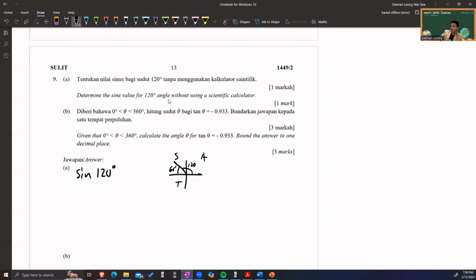And ASTC, second quadrant would still be positive. So it is equal to sine 60.